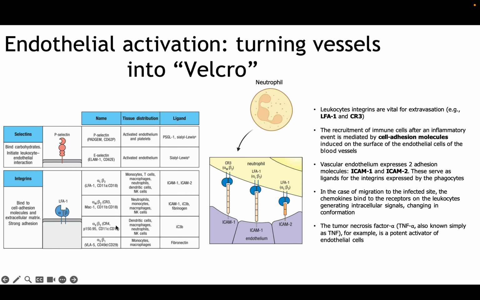I don't expect you guys to memorize them. I just want you to know that there are integrins on the neutrophils that bind to the P-selectins on the endothelium, or they bind to the ICAMs. So it's both the endothelium that releases these glues, but also the neutrophils. And these are mostly activated through cytokines and chemokines.